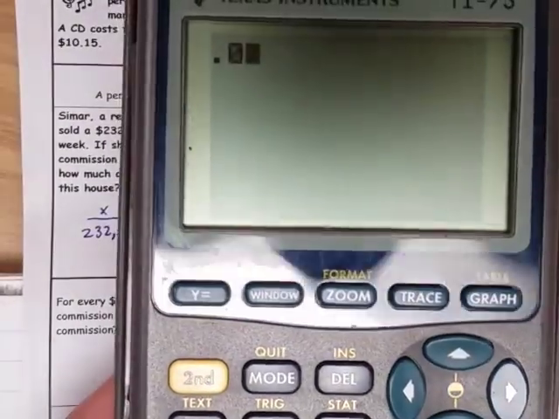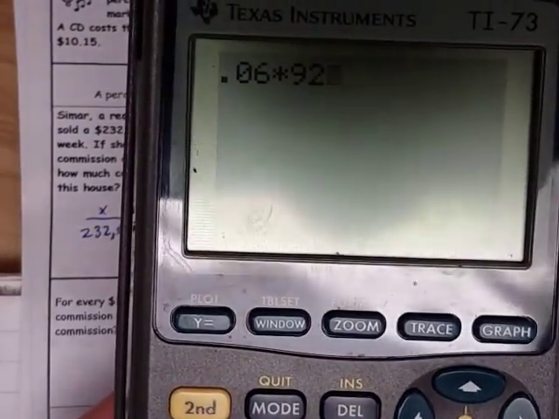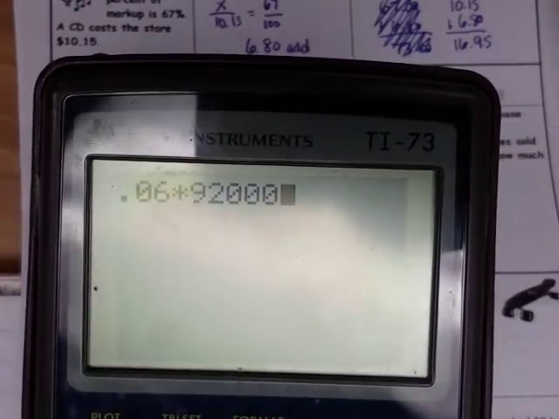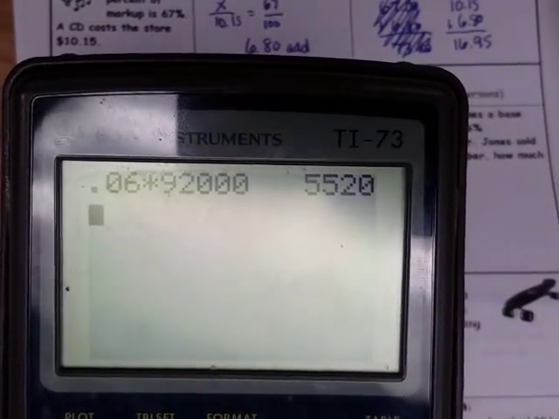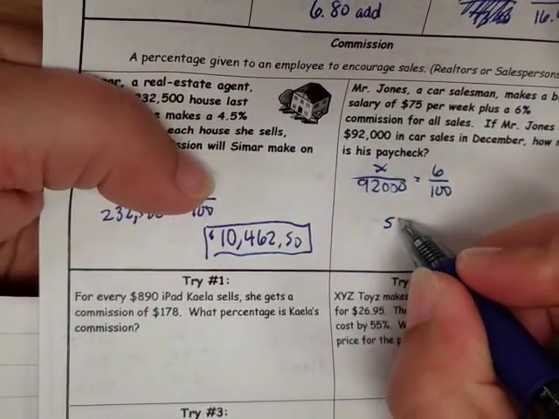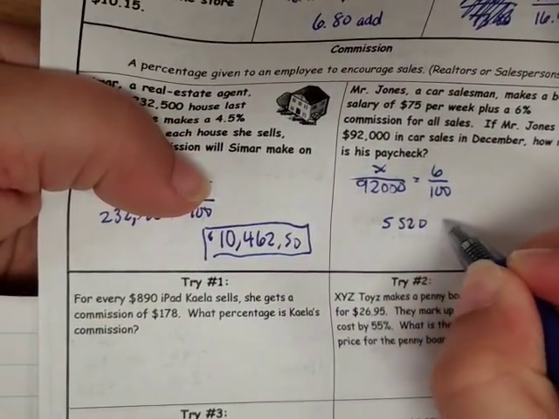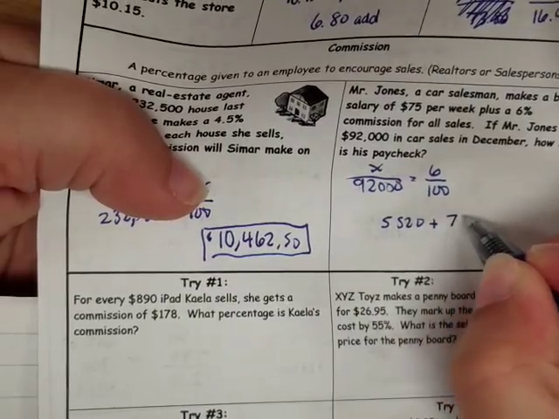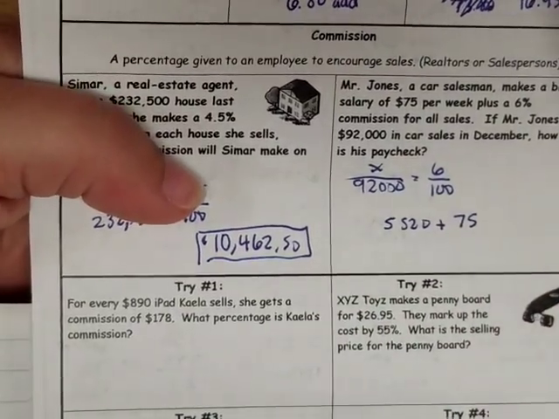I'm just going to do the shortcut. So there's my 6% of $92,000. So he's going to make $5,520 just off of the sales. And then he also makes the $75 with his base salary.